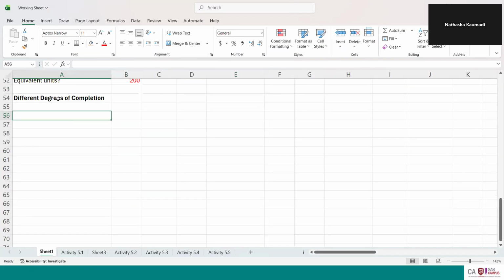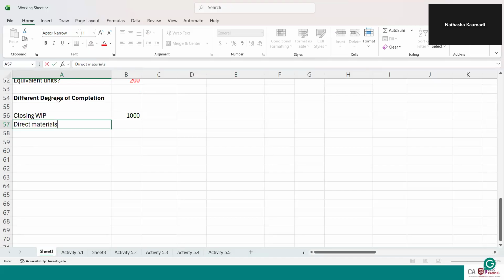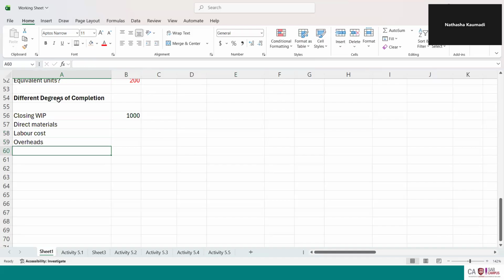When you are talking about closing WIP, I'm taking closing WIP as an example. Let's say there are 1,000 units of closing WIP. We are putting different resources to these products now. We are putting maybe direct materials, labor cost, overheads. Likewise, we are putting different resources when we are manufacturing these units.